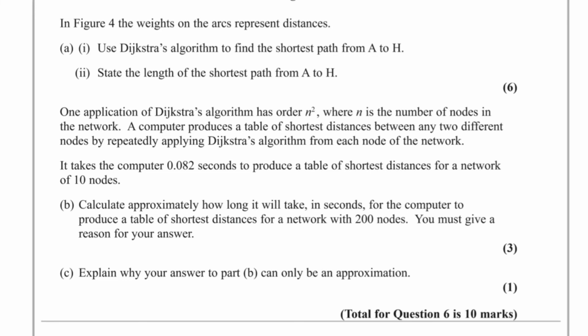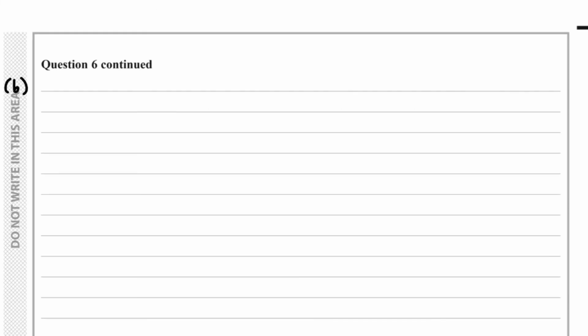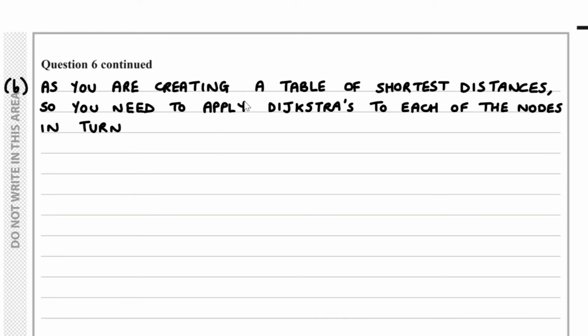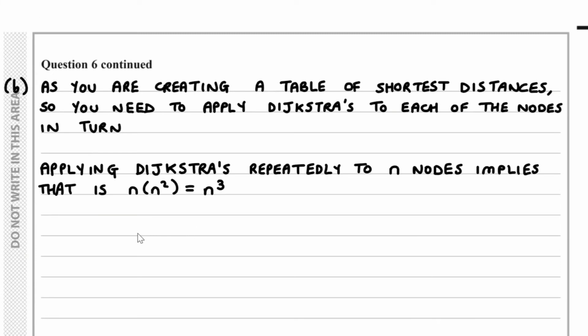Now, here, for part B of the question, we are creating a table of shortest distances, so we need to apply Dijkstra's to each of the nodes in turn. In other words, if we apply Dijkstra's repeatedly to n nodes, this would imply that we've got n lots of n squared, which is n cubed.